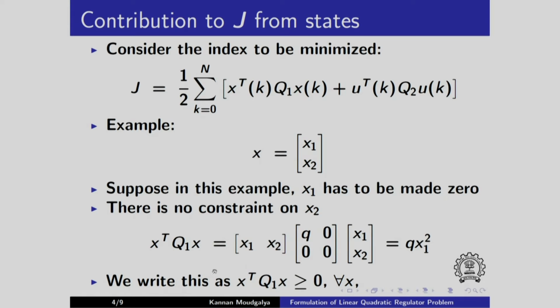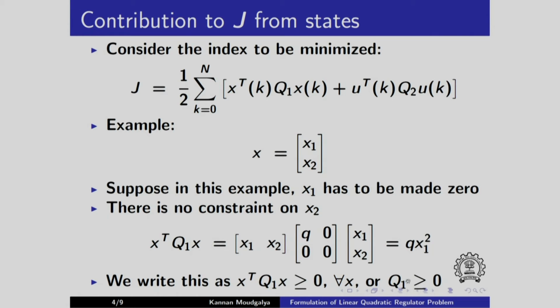We write this as x transpose Q1 x greater or equal to 0 for all x, or we also write it as Q1 greater or equal to 0. Notice that Q1 is a matrix. In this case it is a 2 by 2 matrix.